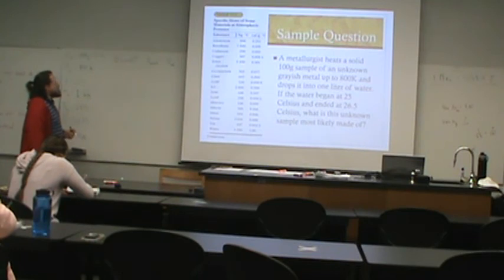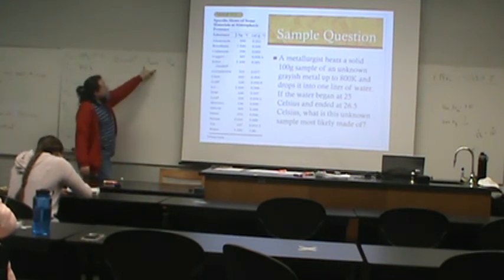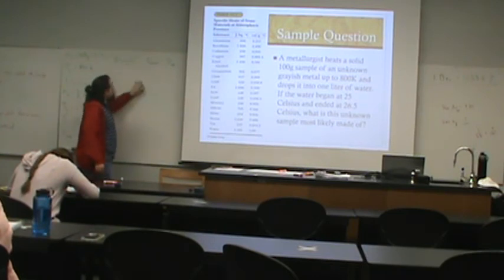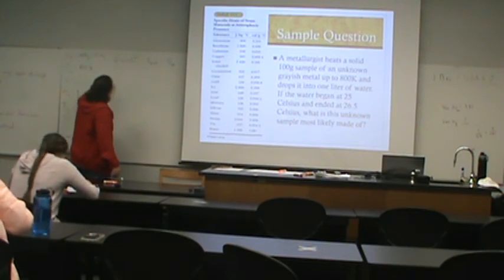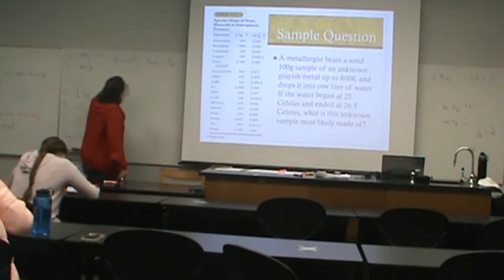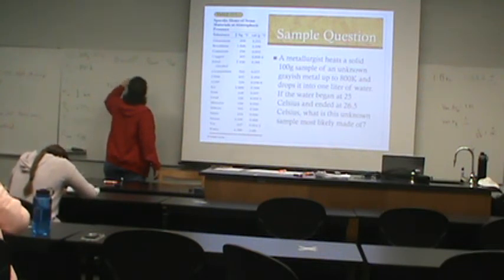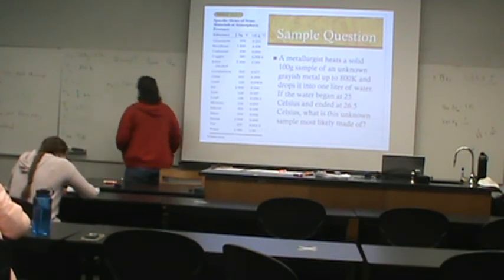So let's combine these principles. The object gaining is the water, so we're going to put the water on the left. We're going to plug MC delta T for all this information for water in for Q gain. So mass of water times specific heat of water times delta T. And that's the delta T of the water.